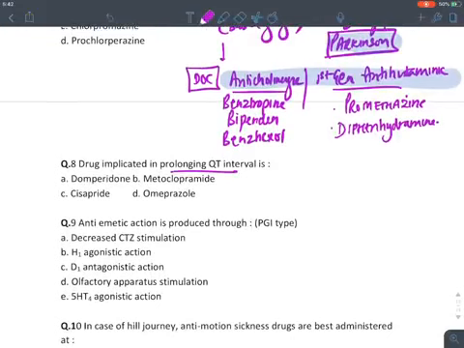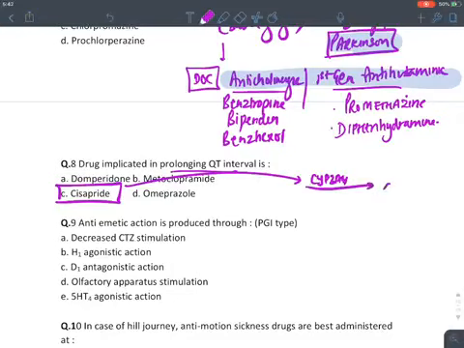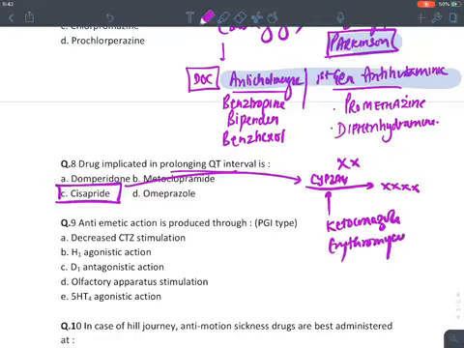Drug implicated in prolonging QT interval. The answer was cisapride. Remember, cisapride was a substrate of CYP3A4. By CYP3A4 it was degraded in the body, and there were two drugs which were inhibiting CYP3A4: ketoconazole and erythromycin. They inhibit CYP3A4, which may increase toxicity of cisapride.